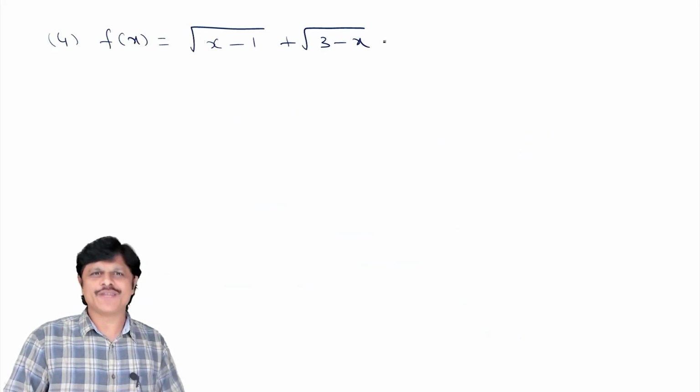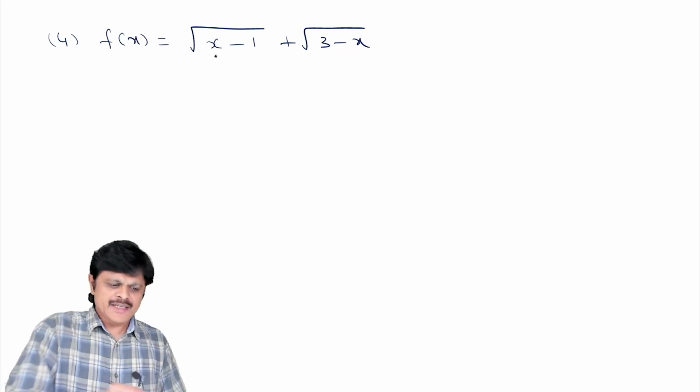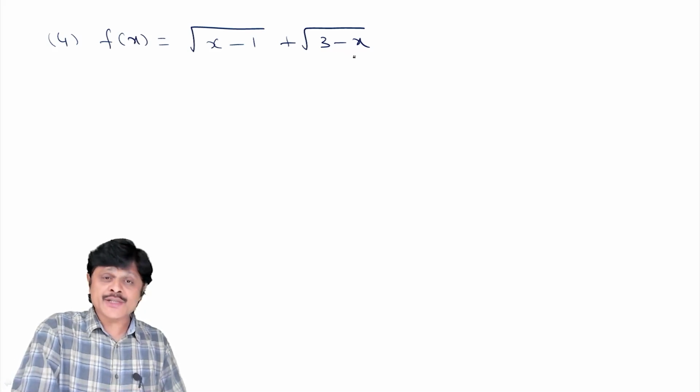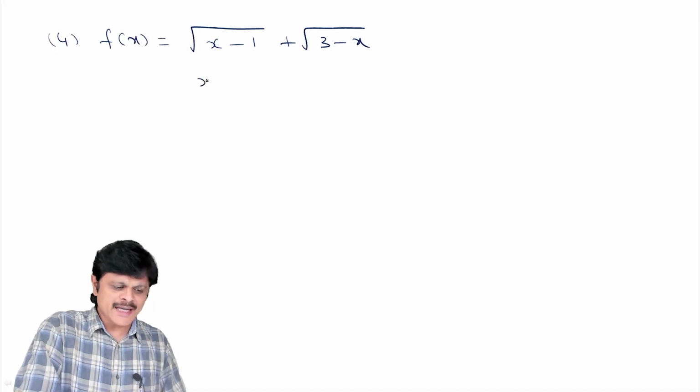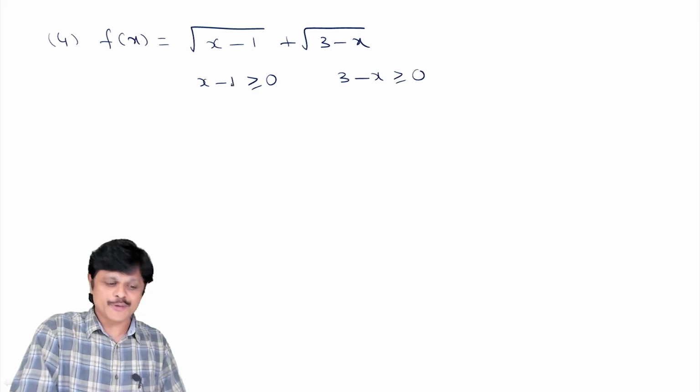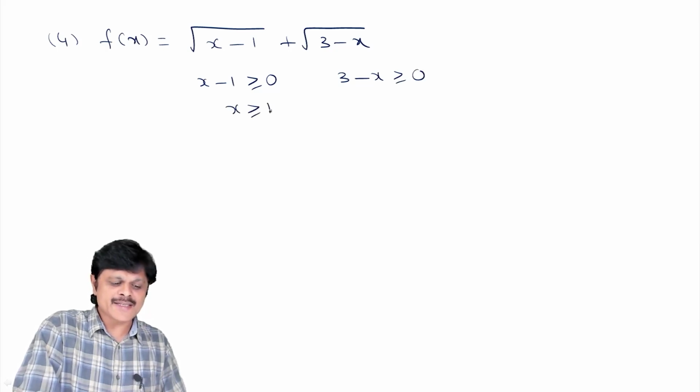Now let us take one more interesting example. What is domain of this function? See here it is root of x minus 1 and root of 3 minus x. Obviously x minus 1 must be greater than or equal to 0 and 3 minus x must be greater than or equal to 0. What does it mean? x is greater than or equal to 1. And 3 minus x greater than or equal to 0 means 3 should be greater than or equal to x.